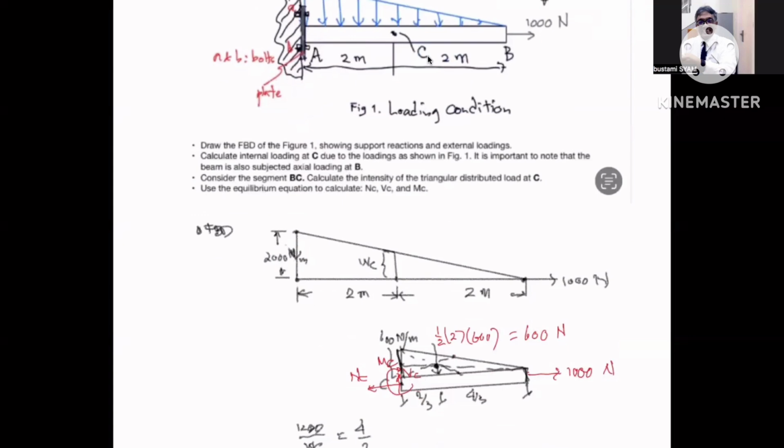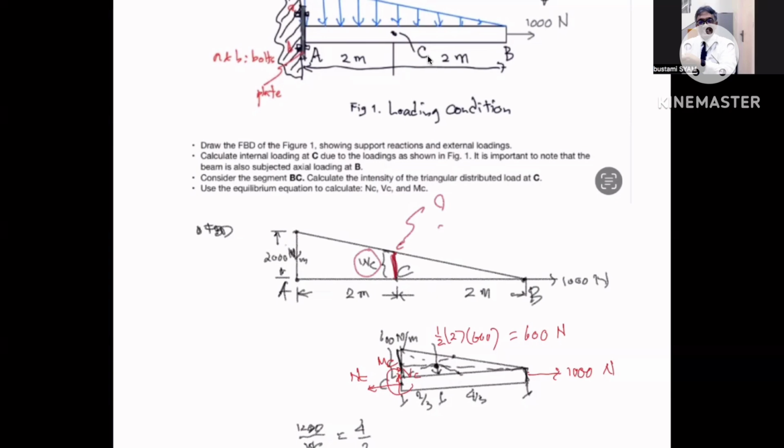So we have to pay our attention. So this one A, this one C, and this one B. So we have to pay our attention on C right here. So first of all, we have to know what is the loading at C. Okay, say WC.